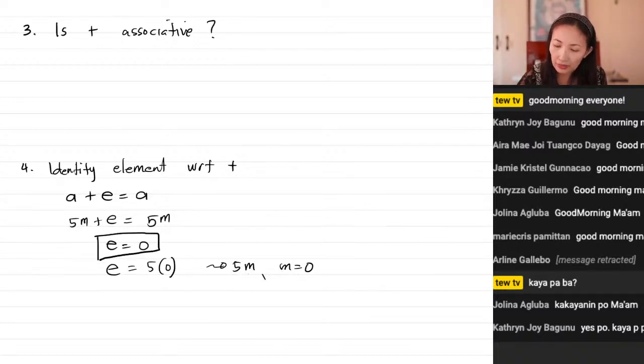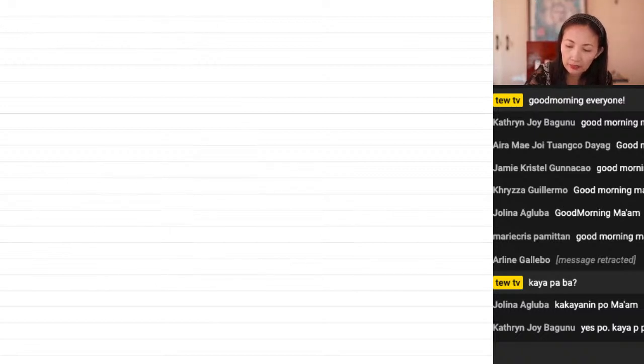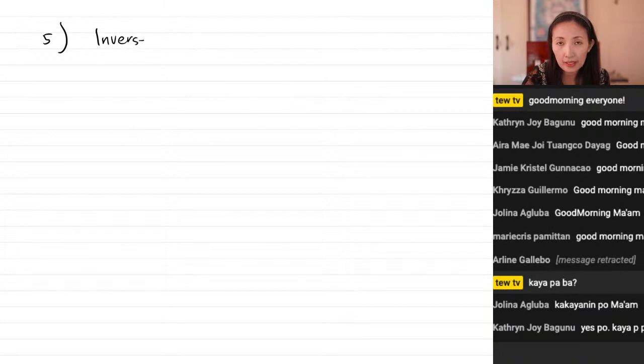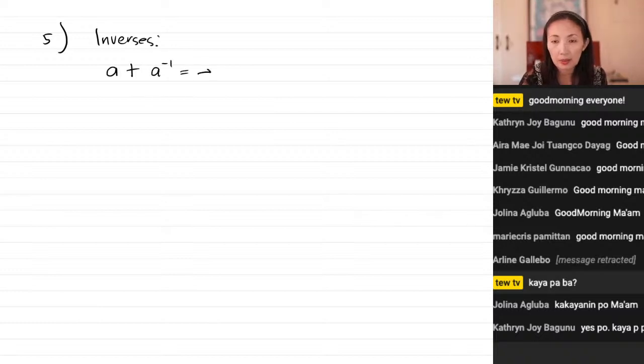Next, number 5, inverses. Are there inverses? By definition, A plus the inverse should be equal to the identity element. So in this case, A plus A inverse is equal to 0.